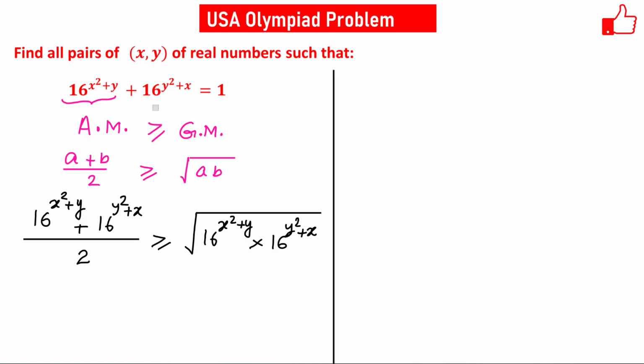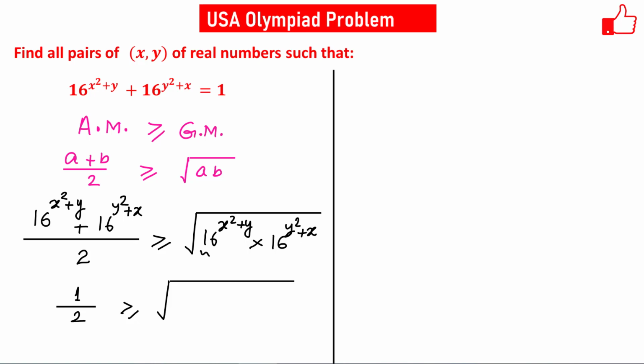But the value of the term in the numerator is known, this is equal to 1. So I can simply plug in this value. So this will be 1 by 2 is greater than or equal to.